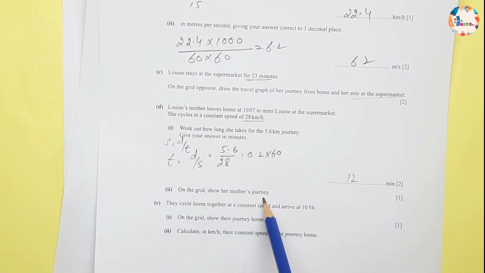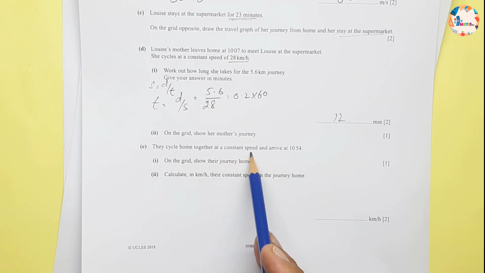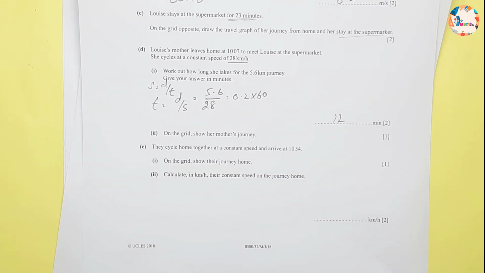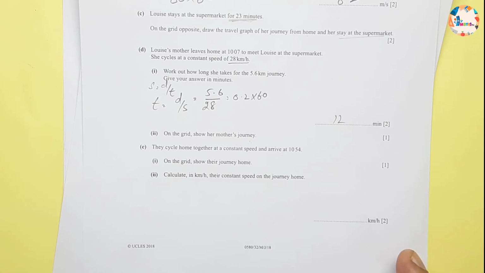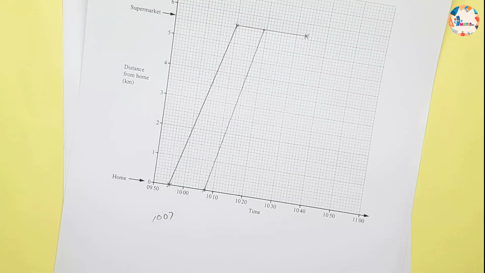Show her mother's journey. They cycle home together at a constant speed and arrive at 10:54. So at constant speed they arrived at 10:54. So 10:54 we will check from the grid where it will be. 10:54 will be over here.